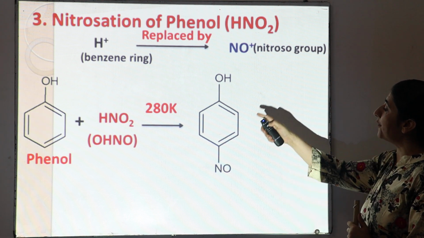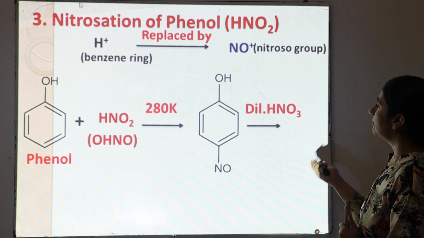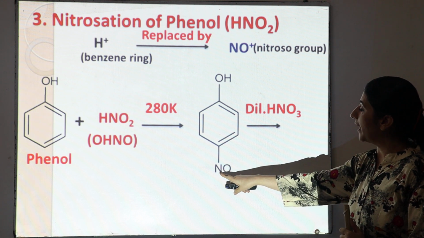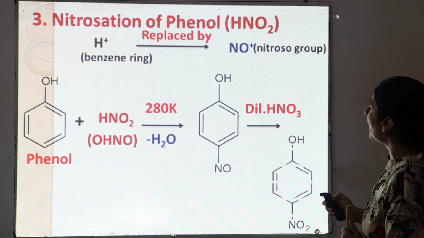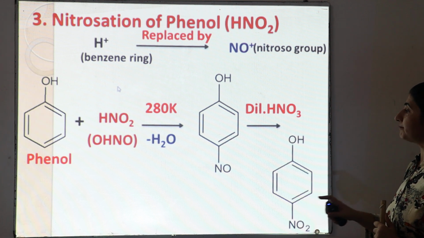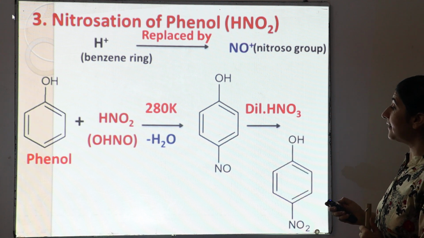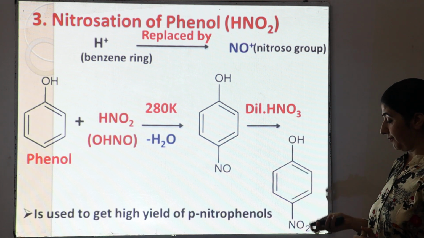This para-nitrosophenol is an unstable molecule and it further reacts with dilute nitric acid. The nitroso group undergoes oxidation and is converted into an NO2 group. So this reaction is used to get a high yield of para-nitrophenol.